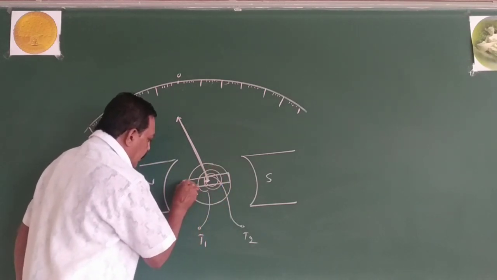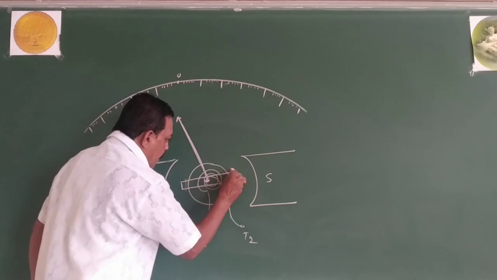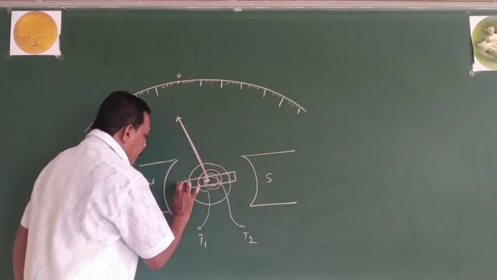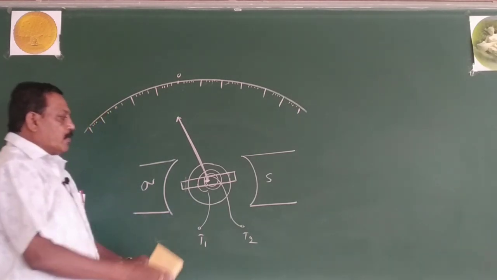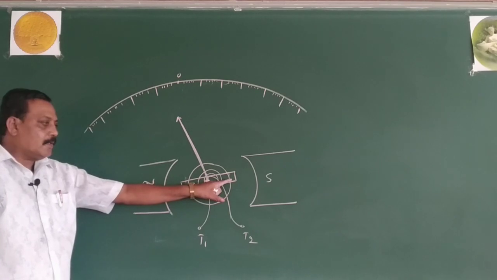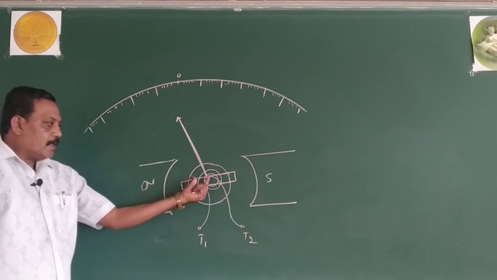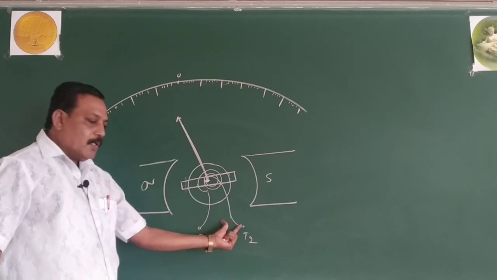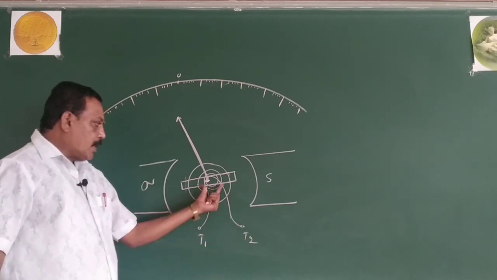That is nothing but the coil which produces the magnetic field. Now this is the coil. There are hair-like springs and two terminals T1 and T2. Through them we can pass the current through the coil.